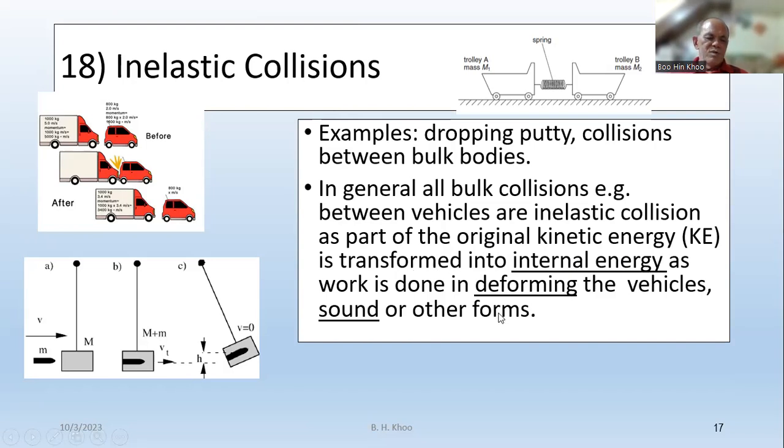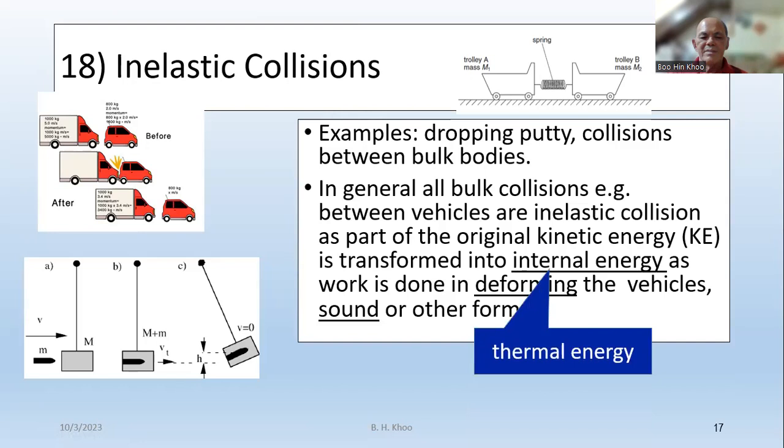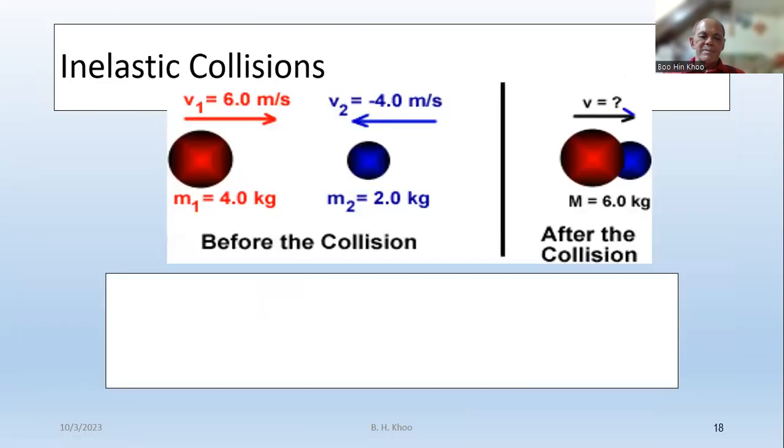So when you see a collision between two cars, they're all smashed up, the body is deformed, there's sound, so it means kinetic energy is converted into sound. If you see sparks, then there will be light energy. And if you touch the colliding body, it's warm, so there will be heat energy, internal energy or thermal energy. Okay, so this is an example of inelastic collision.